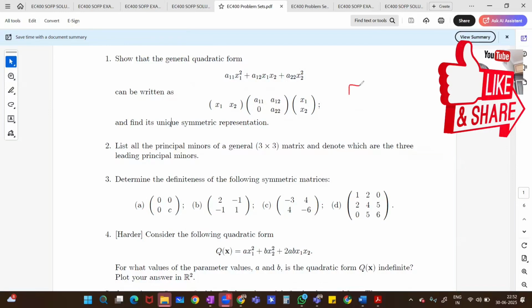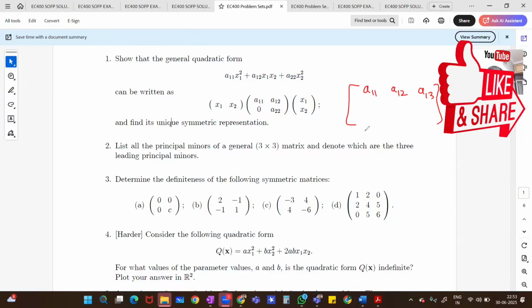It is asking about the general case. It is your choice whether you want to have the A11, A12, A13 form and then write the symmetric matrix for it, or the ABD form, which we did for 3 by 3. You need to elaborate all these general things: the quadratic form and the principal minors.